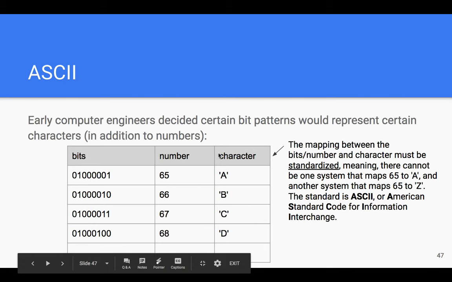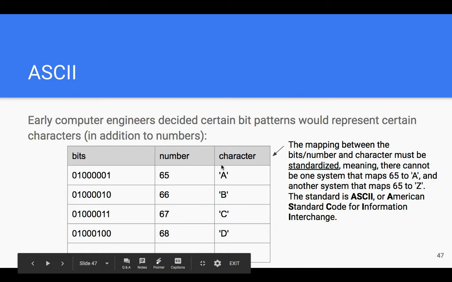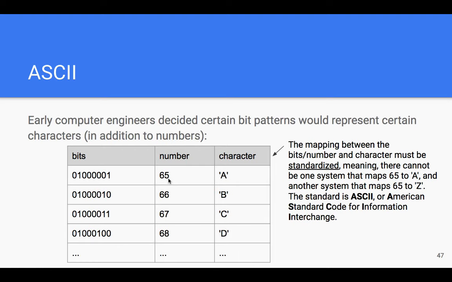Now, this kind of mapping really has to be standardized, meaning you cannot have one system that does this and then another system that maps it in a different way. Let's say a different system that maps 65 to, I don't know, the small a or the letter Z or some other random character, right?